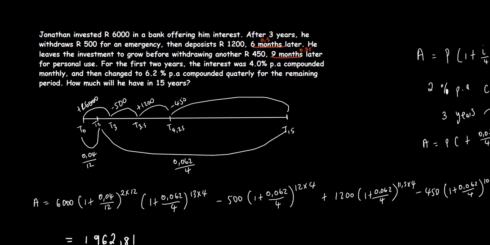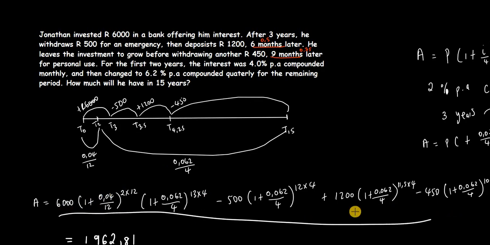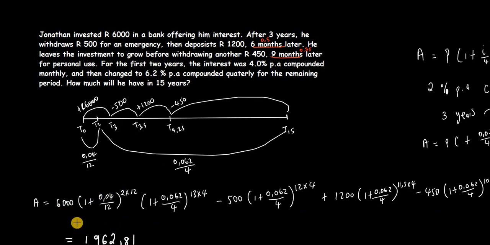But one thing, guys, that can also influence your answers is these things. If you put in your calculator 2 times 4, 13 times 4, 2 times 12, 13 times 4, sometimes I've seen my calculator giving me strange answers. So what I advise is that after you write this, it's going to be a lot of work, but do it.